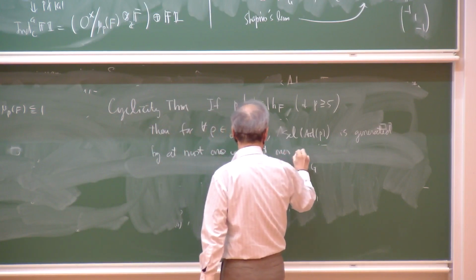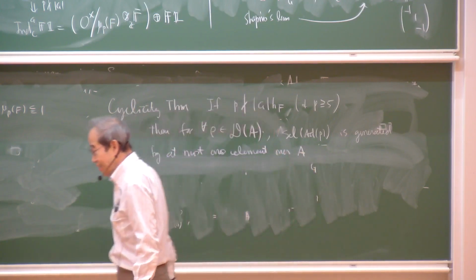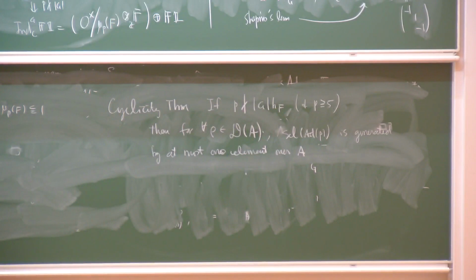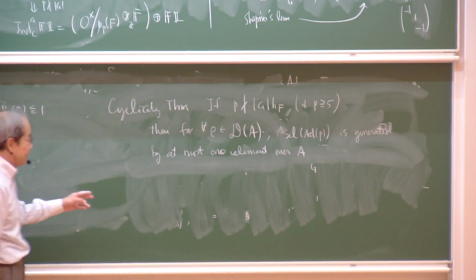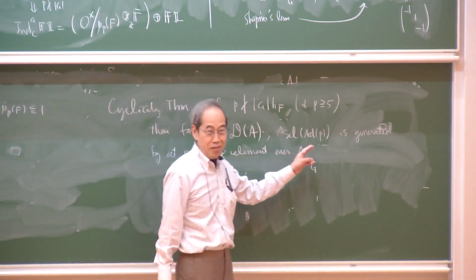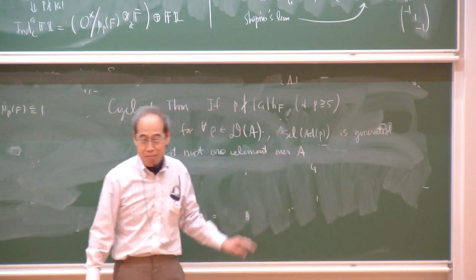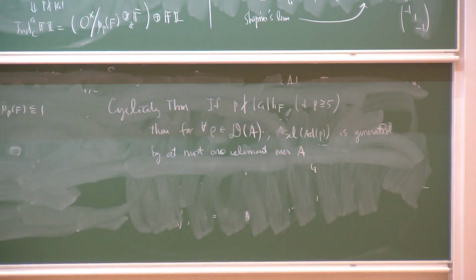over A. And at the same time, I can replace this by the dual Selmer group. That also I bounded. And the dual Selmer group also has, if you define it for general rho, you can define the dual Selmer group, and the control theorem is also okay.